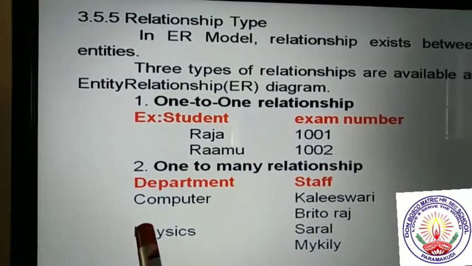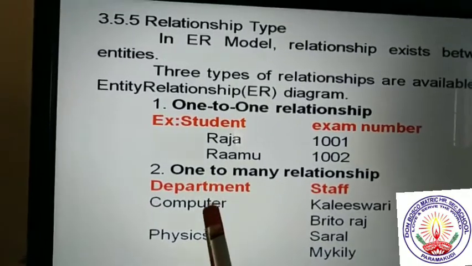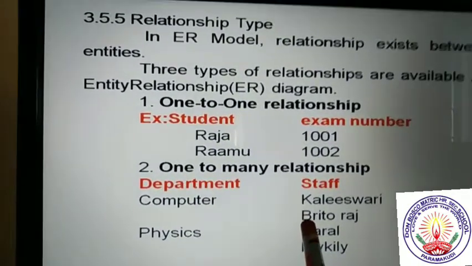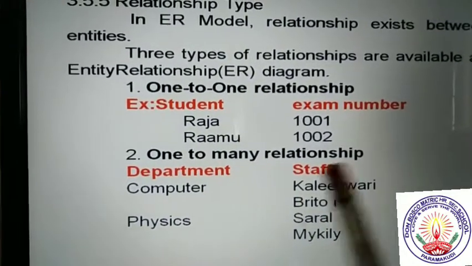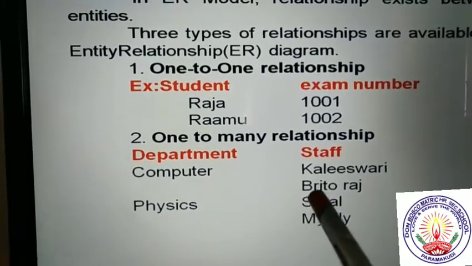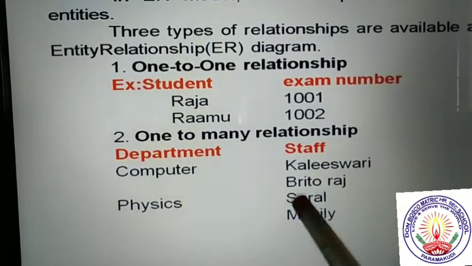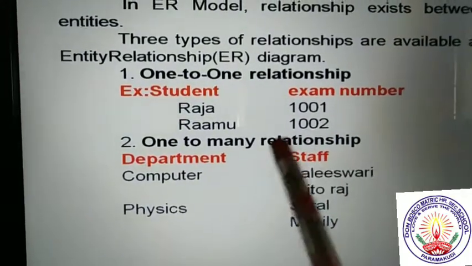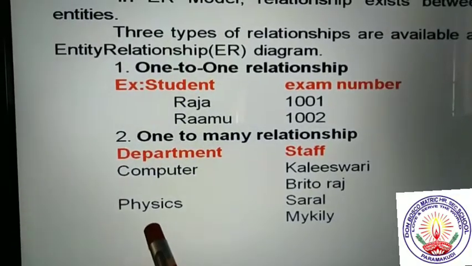Okay, so in the computer department having the staff 2 members. One department connecting to 2 members, like many, not only 2, we can connect more than 2 members. Like here I have given 2 examples like Kaliswari and Pritoraj. So these are connecting to only one department like computer department, and another department like physics.